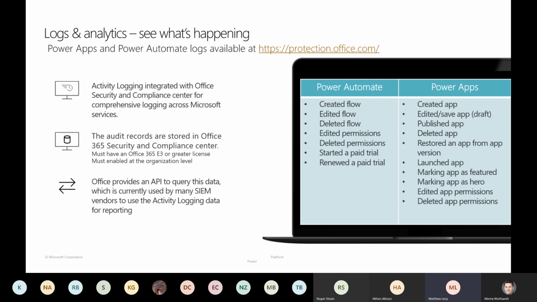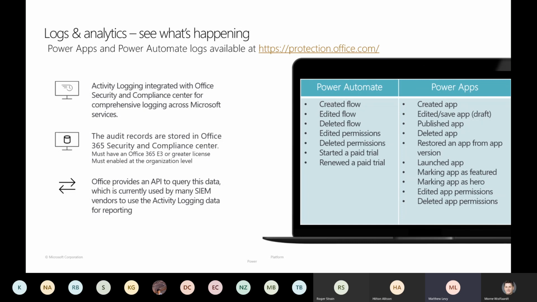There are the unified logs, which you can get through the security center. I think it's Security and Compliance Center in Office 365. Those logs, depending on the age of your tenant, are either on by default or not. The newer tenants these days, the audit logs are on by default.